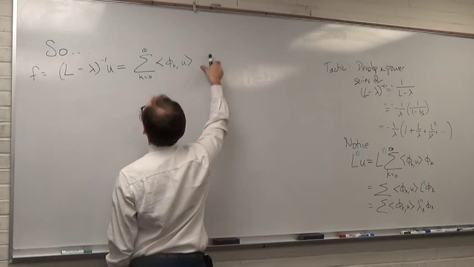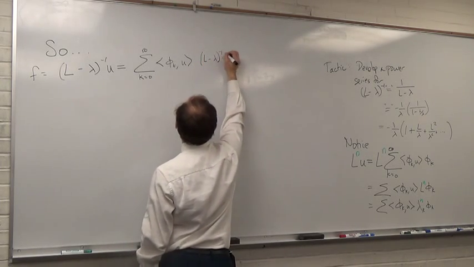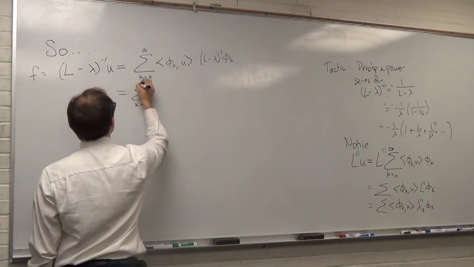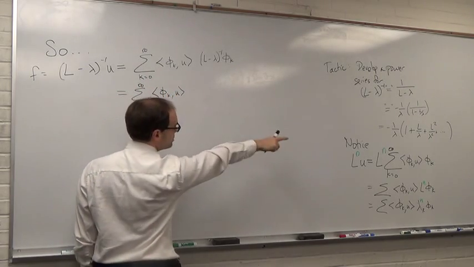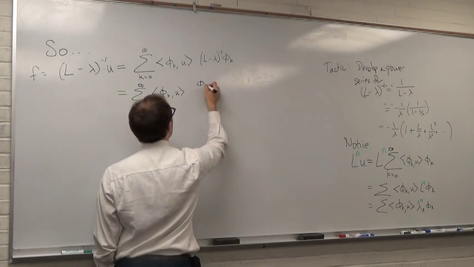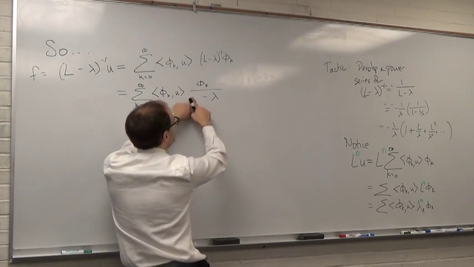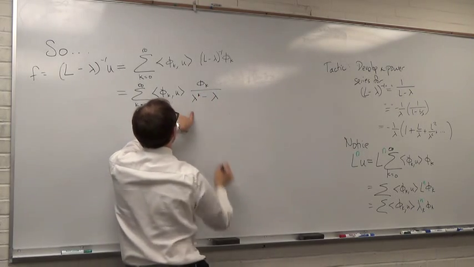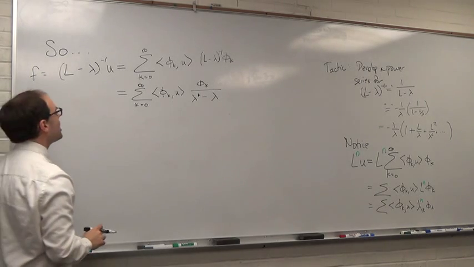And now here, I'm going to have just this L minus lambda inverse acting on phi k, which means that I'm going to get a polynomial. What is this power series development? It's just 1 over L minus lambda. But now the L turns into the lambda k.